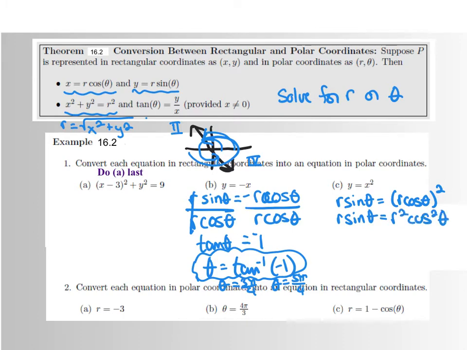Okay, I see that if I divide by r cosine squared theta, on the right hand side the cosine squared thetas cancel, I'm left with r. And on the left hand side, the r's cancel, and you're left with sine theta over cosine squared theta.